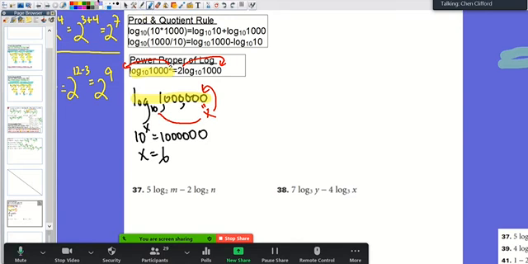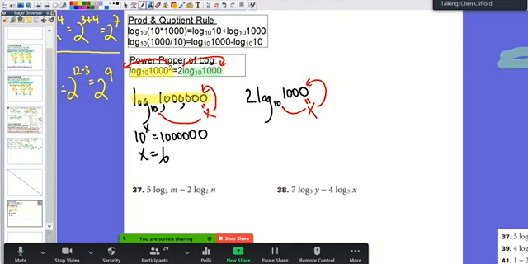Now let's look right here. Log base 10 of 1,000. Let me just copy down what we have here, and I get 2 log base 10 of 1,000. I'm going to do a side hustle here, set that equal to x. 10 to the power of x.